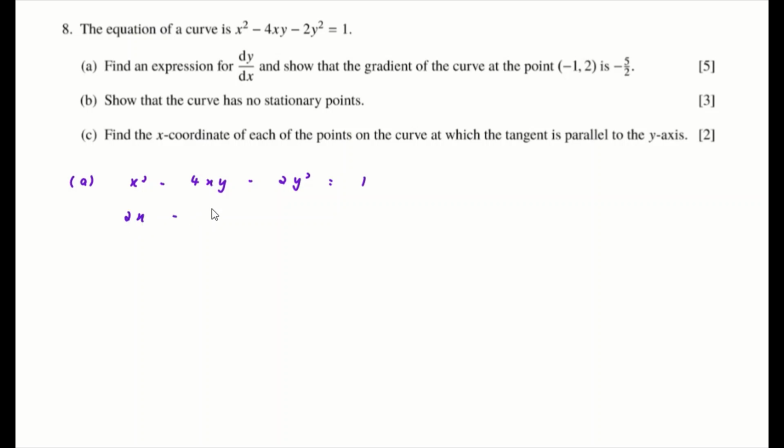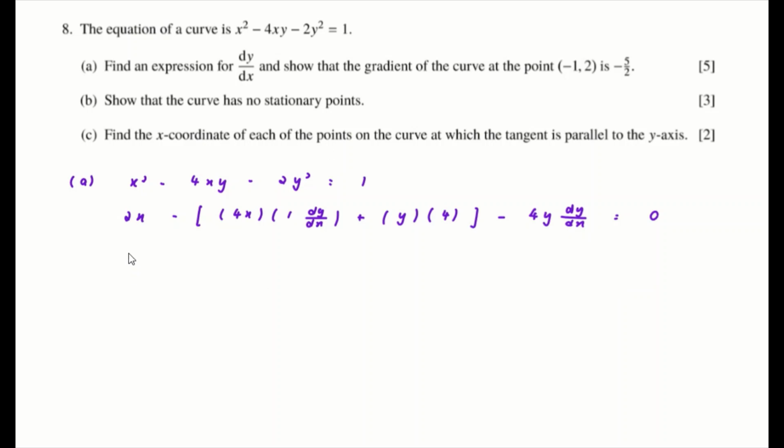Okay, so product rule here, uv, so u is 4x, dv dx is 1 dy dx, and plus v is y, du dx you get 4. Okay, then minus of 2y squared, that gives us 4y dy dx, and equals to 1 just becomes 0 after you differentiate it.